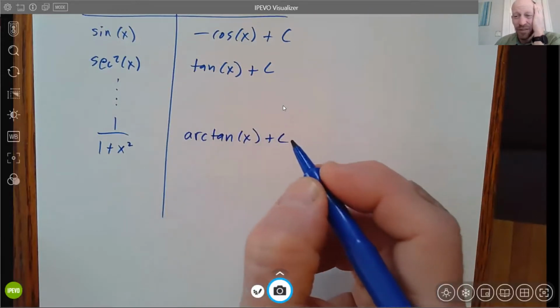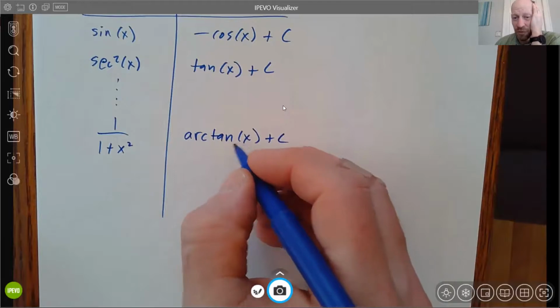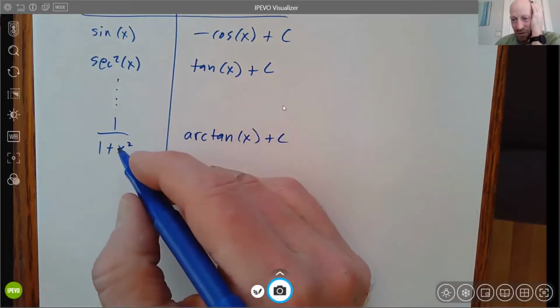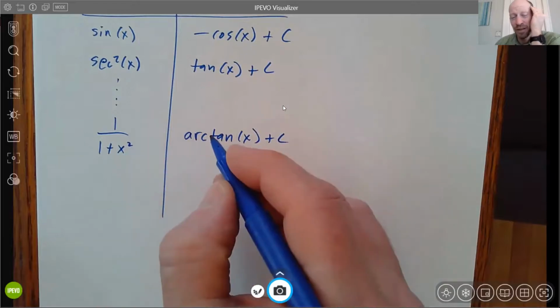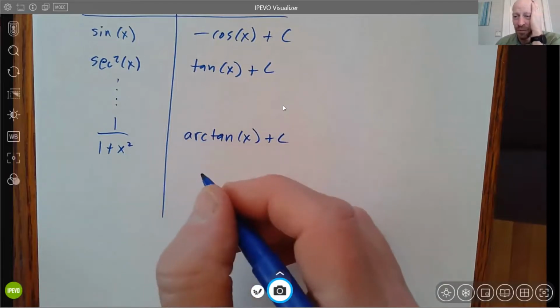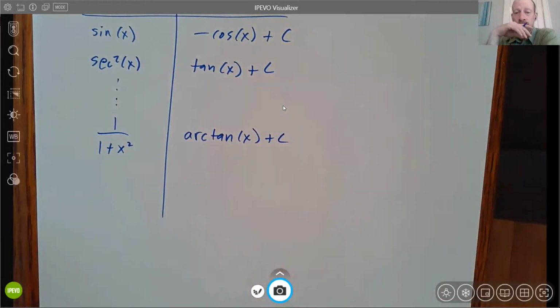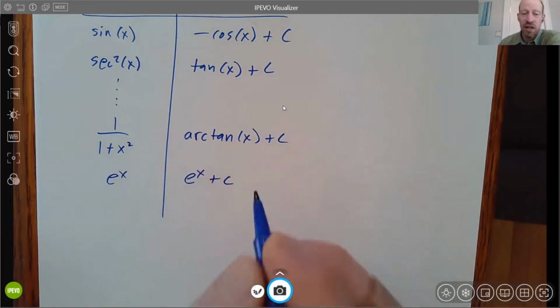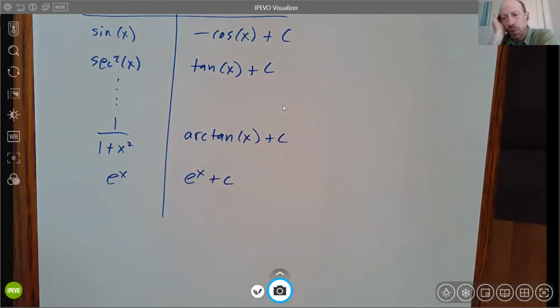That's one that we haven't seen that much in terms of its derivative, but this function turns out to appear quite a bit, and so we want to remember that one because we may have forgotten. Again, there's lots of others. Some are easier, right? e to the x is just e to the x plus c. We will get better at some rules as we move through chapter 5.